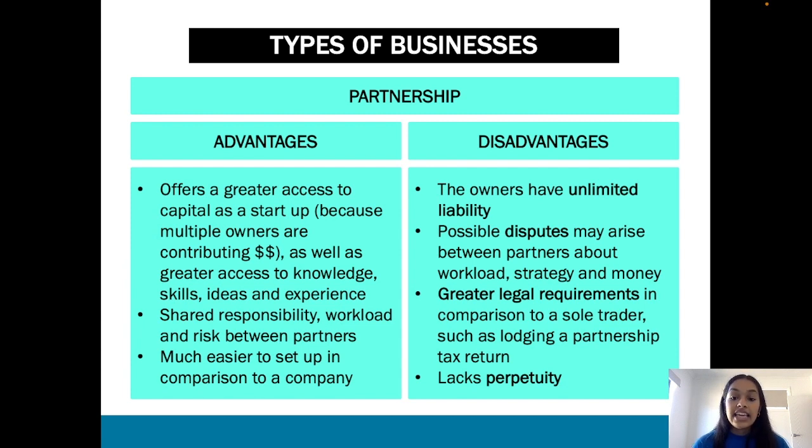So there can be more disputes that can occur and that could sort of impact the dynamic of the business.